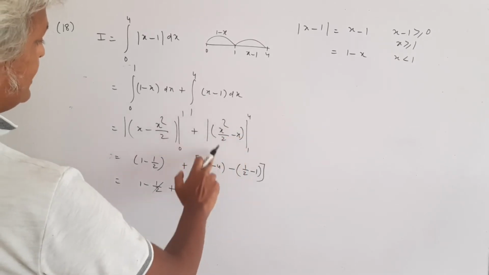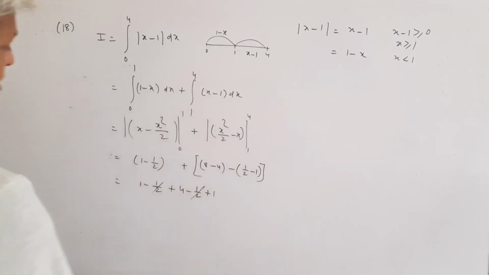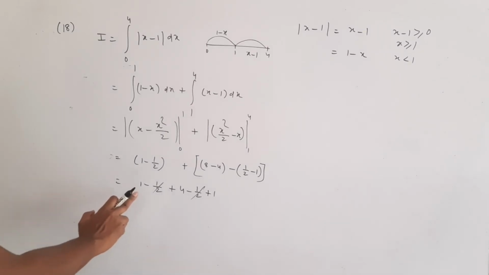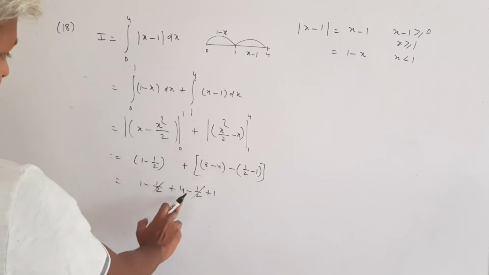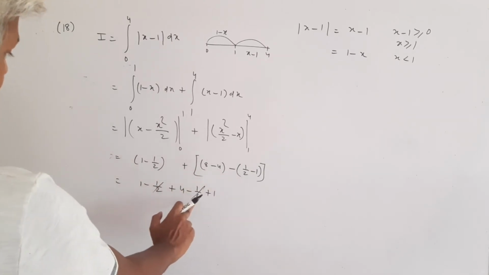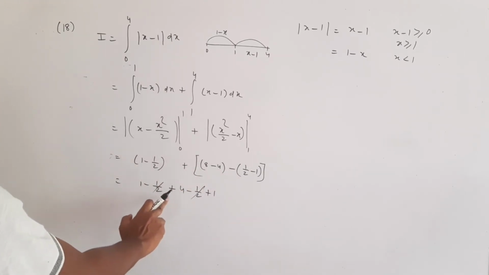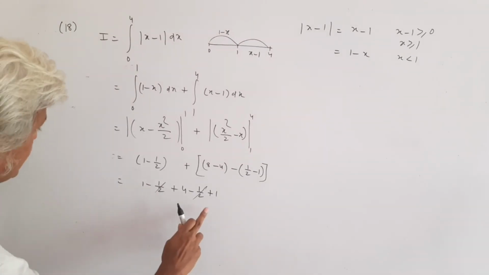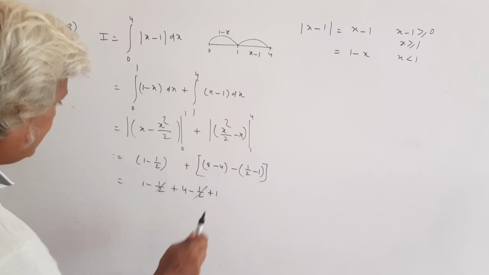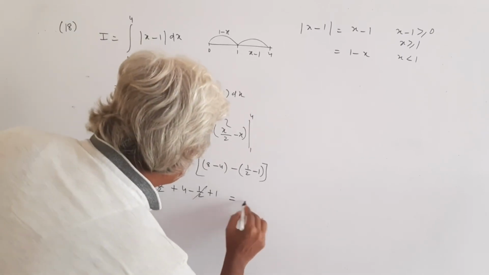When I put 1 there, this is 1 by 2 minus 1. So 1 minus 1 by 2 plus 8 minus 4 is 4, and this is minus half plus 1. You see that the half and half cancel, and then 1 plus 4 plus 1, this is 6.